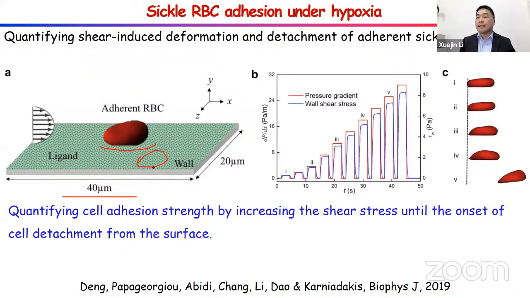Through this simulation setup, we quantify the cell adhesion strength by increasing the shear stress until the onset of cell detachment from the wall surface. Finally, you can see the cell detached from the wall surface. Then we can get the shear stress threshold and estimate the cell adhesion strength.